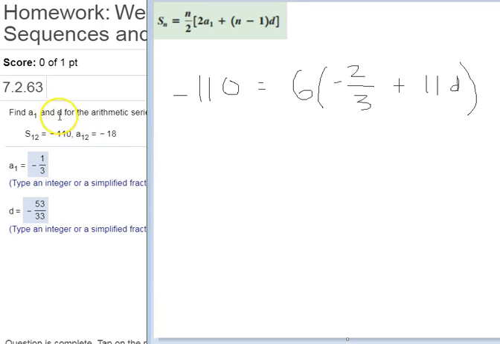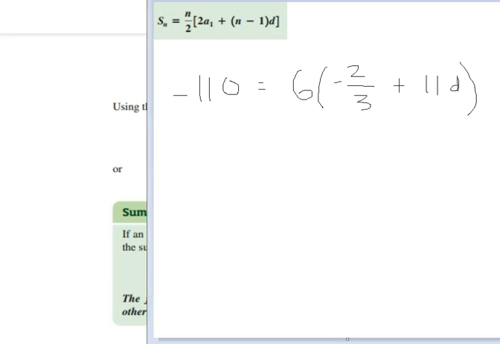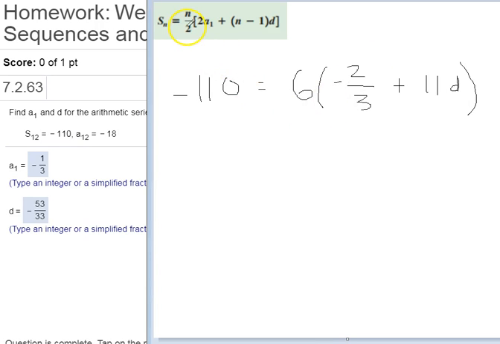And for the second half of the problem, we are figuring out what D is, which is the difference between each of our consecutive terms. A formula that connects all the different pieces we have is listed in the book right next to that first formula we copied over. So we'll use that formula and just plug in what we have.